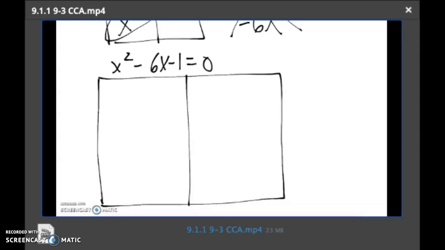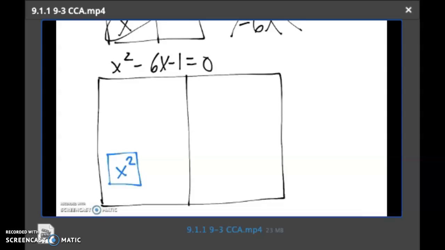All right, so here on the left, I've got an x squared tile. I'm going to change that to blue because it's positive. I have my 1 x squared tile. And then I have 6 negative x's, so I'm going to make those red.